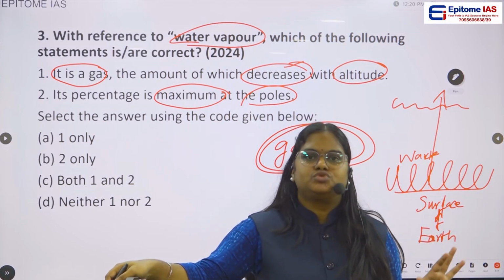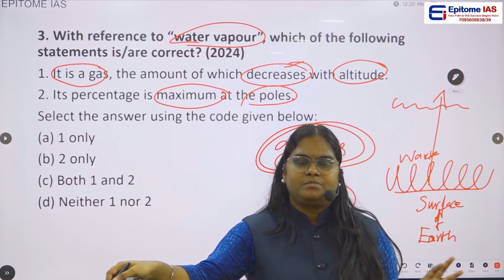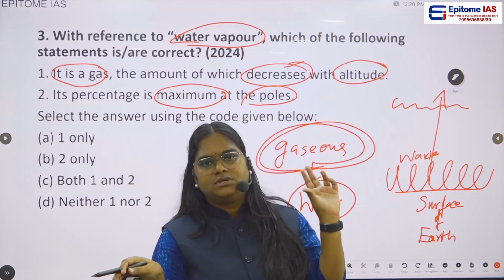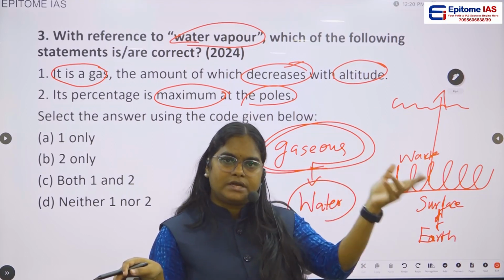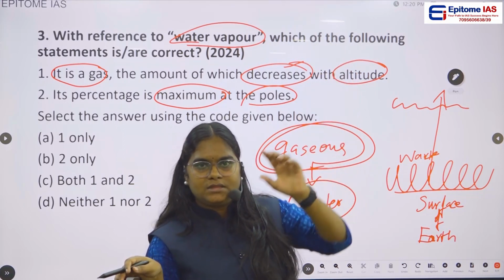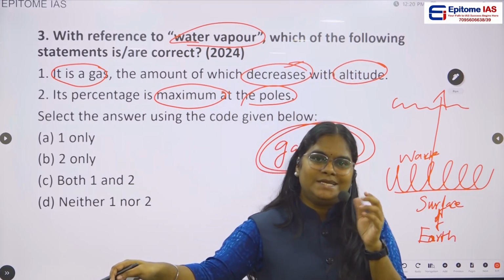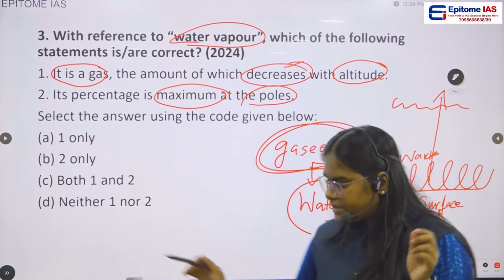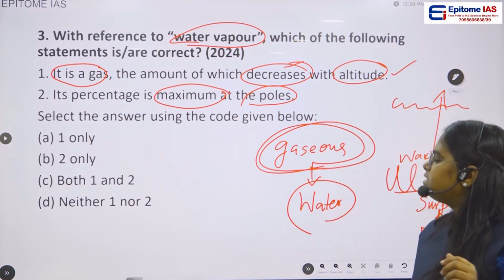If you see, this is true. Water vapor is majorly present very near to the earth's surface, and as you move up, the amount of water vapor decreases. That is one point. This statement is a correct statement.